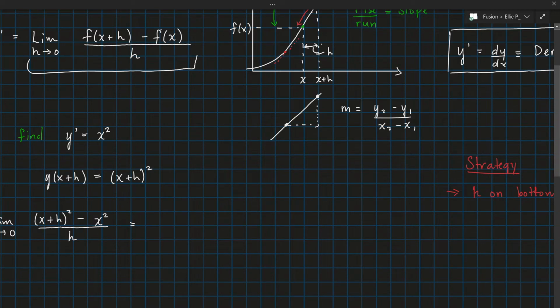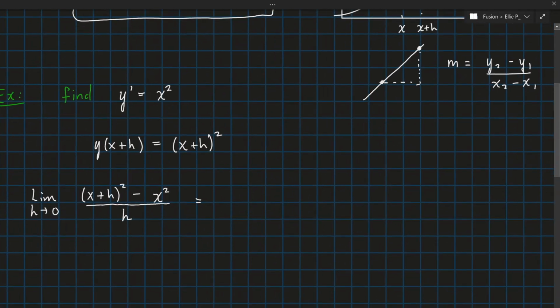So yeah, let's FOIL this x plus h out. So that'll give us x squared plus 2xh plus h squared, good. And then minus x squared over h.